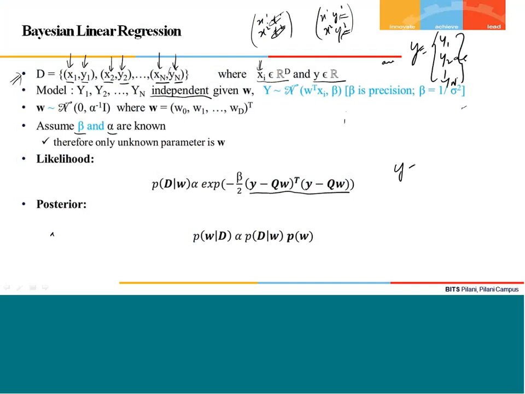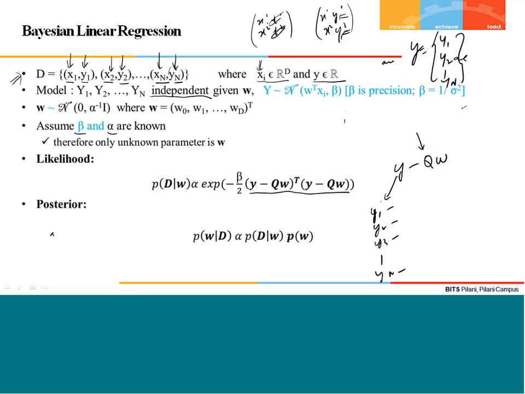So y vector minus QW, what does this mean? If I want to expand it, y is y1, y2, y3 up to yn, with minus signs. What is QW? Q is a matrix, if you remember. What kind of matrix is it?